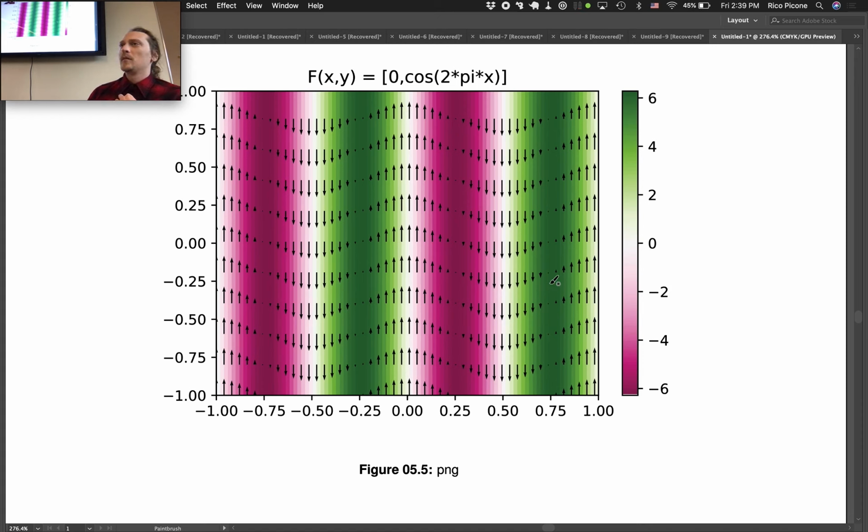The curl, remember, is in the z direction, it's in the k direction, it's out of the board, positive, into the board, negative, and the positive ones are green, and then the negative curl is magenta.